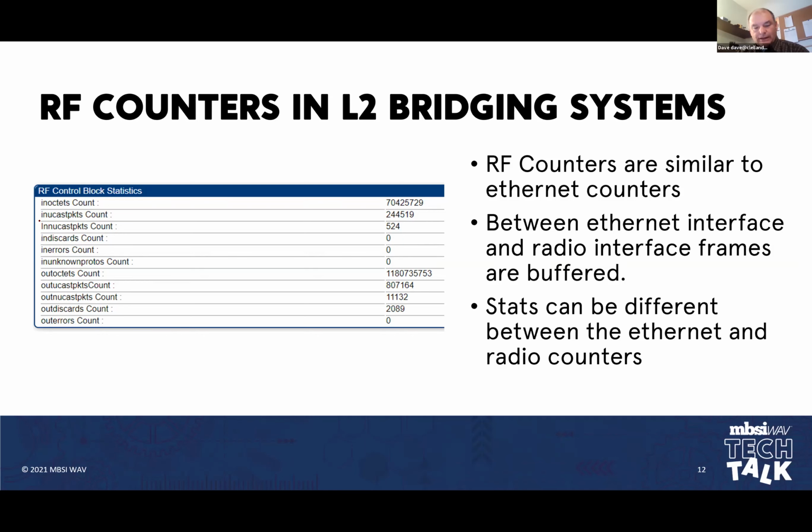And so unicast and non-unicast packets, so I can see what my distribution of packets in and out of the interface. This is out of the receiver now. This is into the transmitter and out of the receiver in this particular case. So I have a number of bytes.